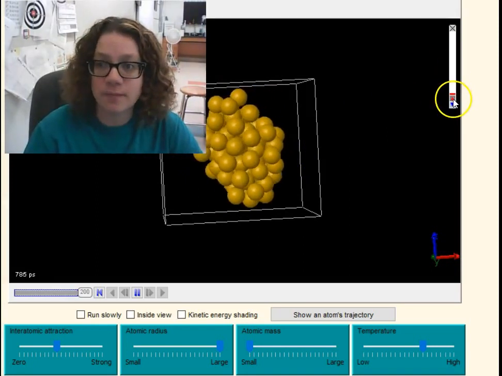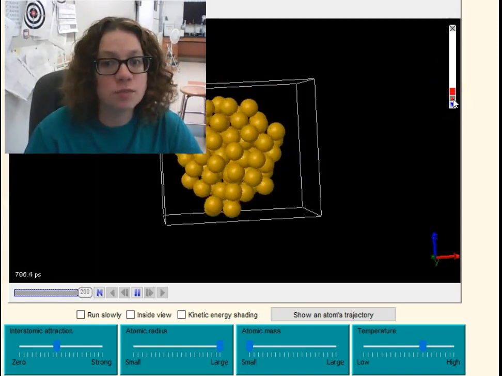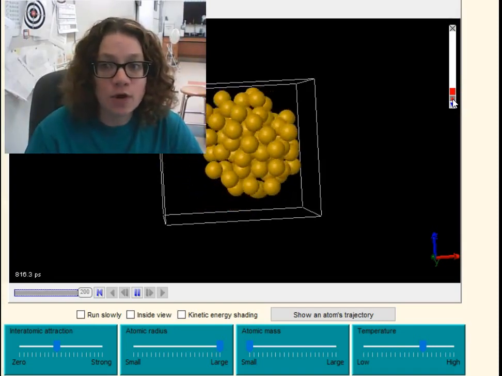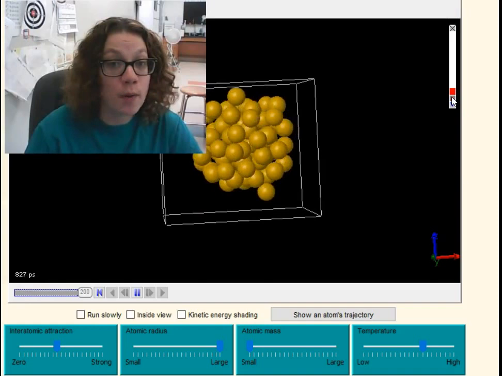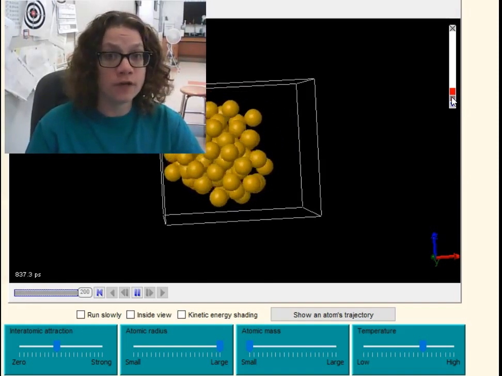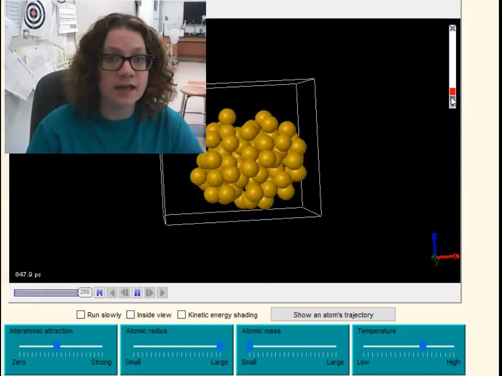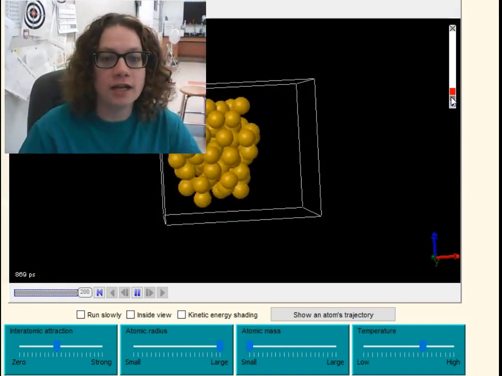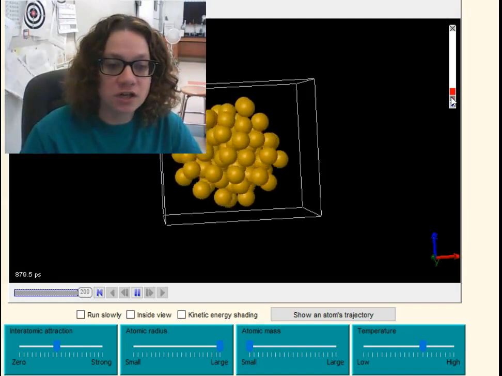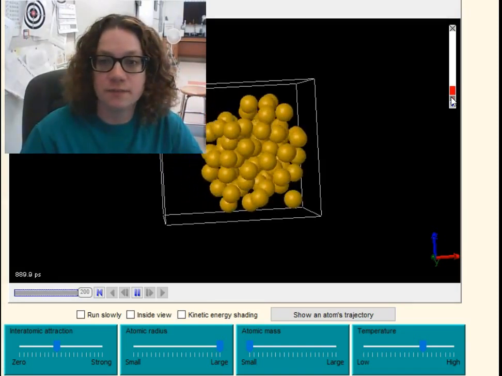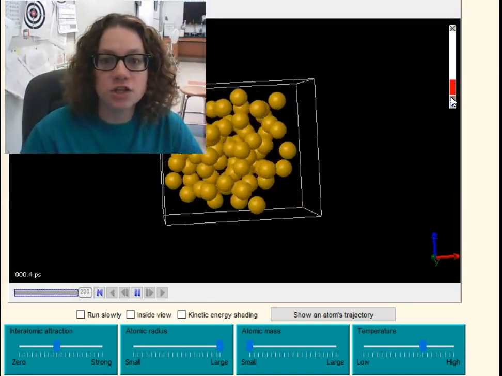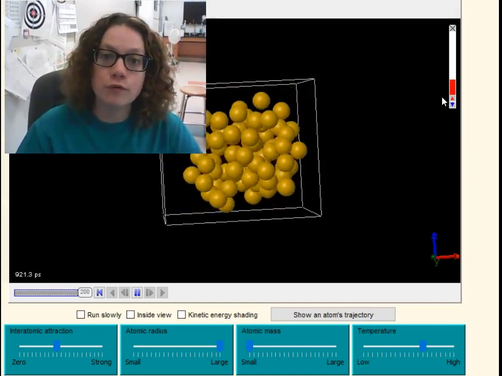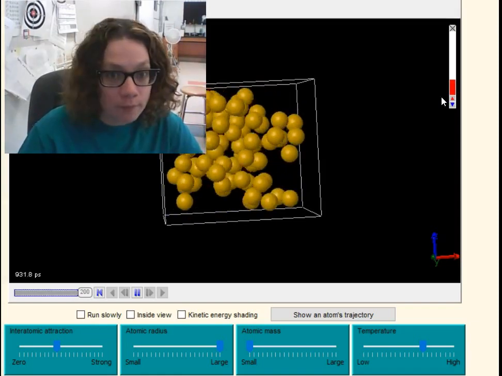As I increase the temperature, you will see that the particles start to move faster. And as the particles move faster, they bump into each other more often, and we call that a collision. So the particles are colliding more often. They are still in the solid phase. Eventually, they're going to have enough energy to move from one place to another.